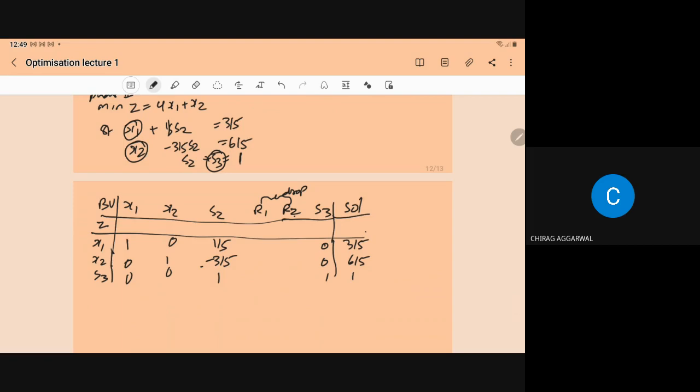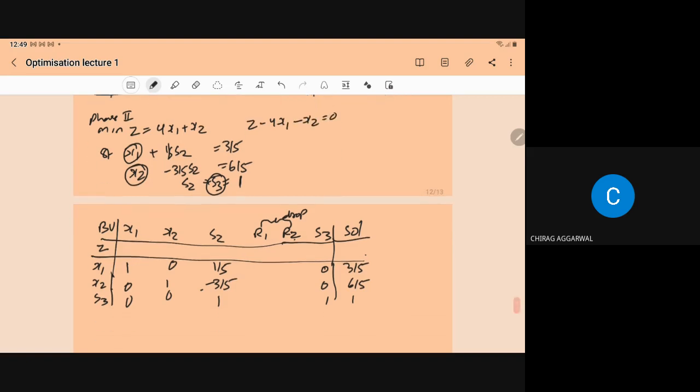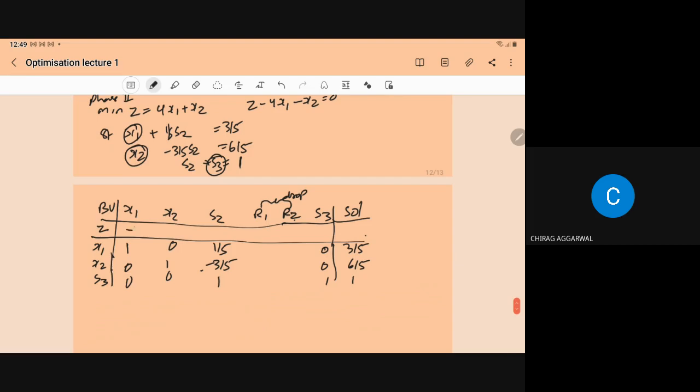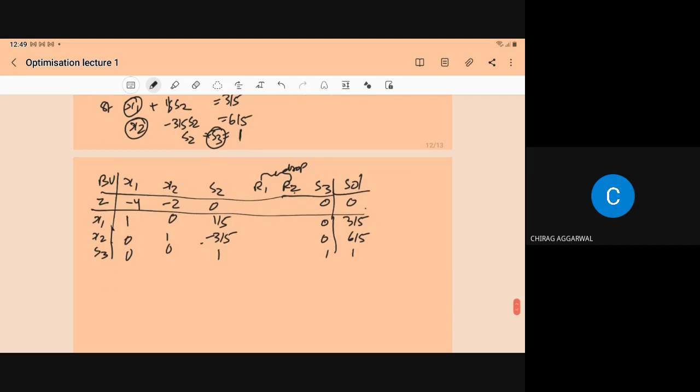Now z is 4x1 plus x2, meaning z minus 4x1 minus x2 is equal to 0. So that will be minus 4, minus 1, 0, 0, equal to 0. Now x1, x2 are what? Basic variables. So if they are basic variables, we have to make the table consistent.